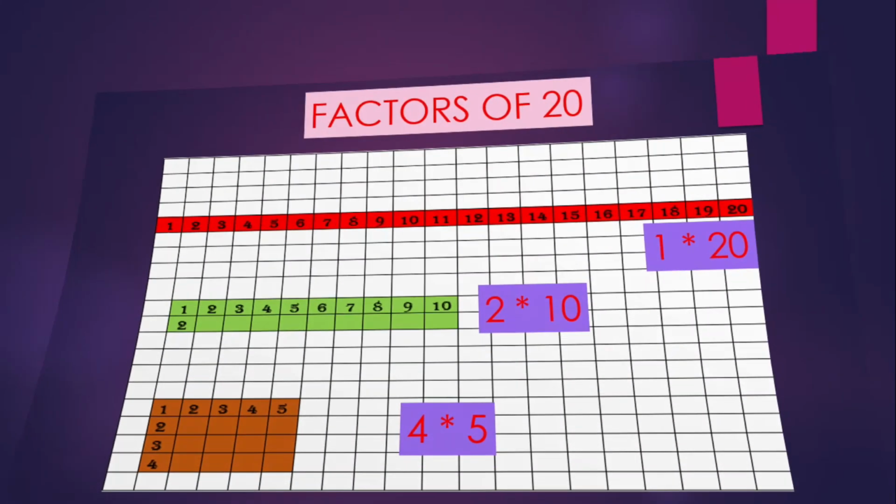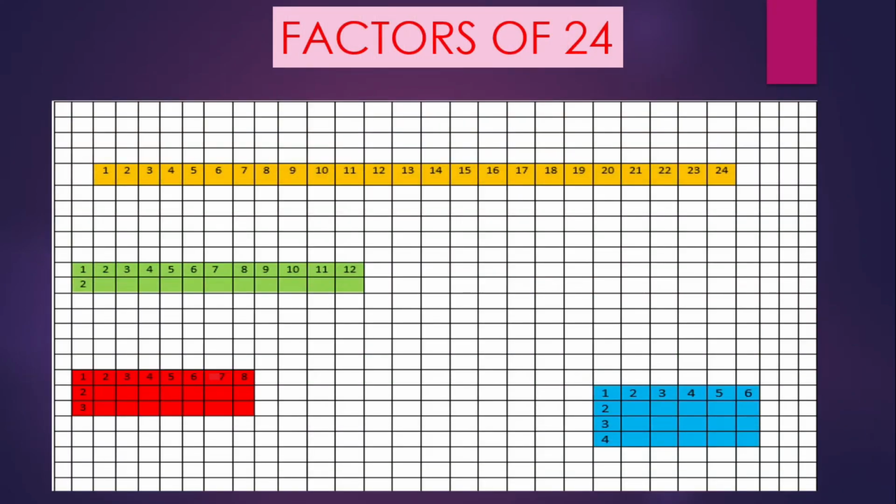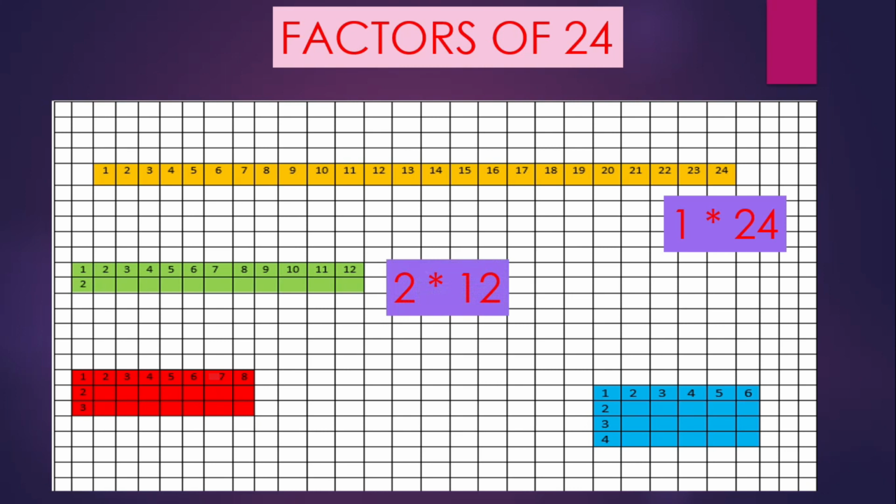Moving on to the next number, we have here factors of 24. So the first factor, as we know, is 1 24s are 24, and the second factor is 2 12s are 24.